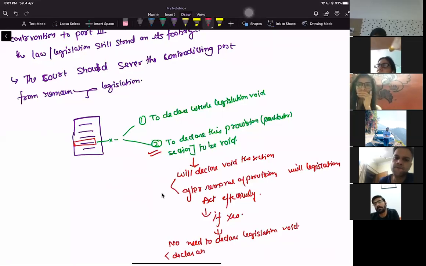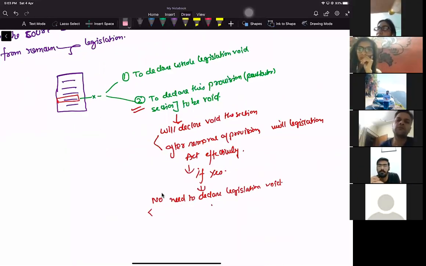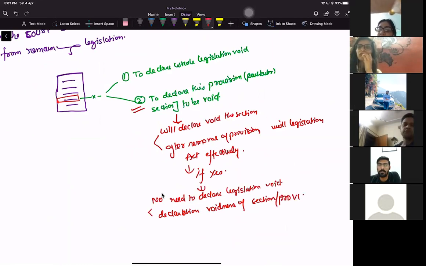Declaration of voidness of the section or provision is enough.